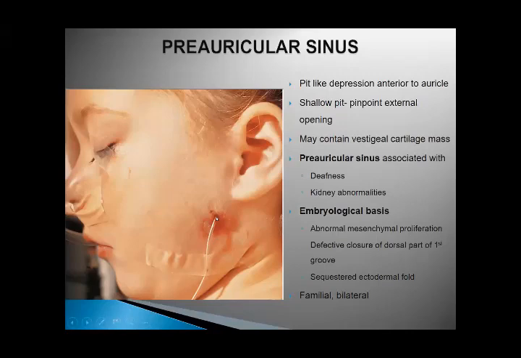Preauricular sinus, congenital preauricular sinus, ये हम पहले भी कर चुके हैं when we did the development of the kidney. In this condition, this is a bit like a depression, present anterior to the auricle, somewhere this region, anywhere over here. ठीक है, very small pinpoint opening.